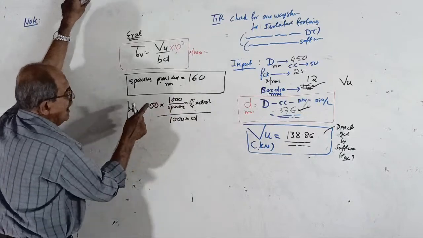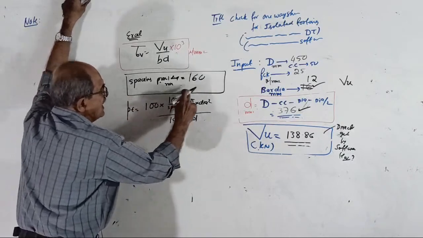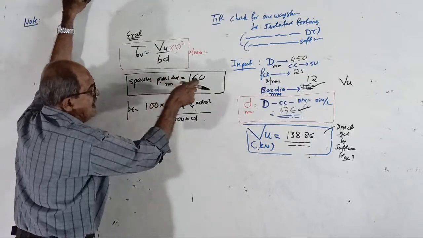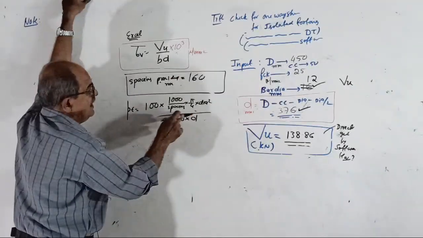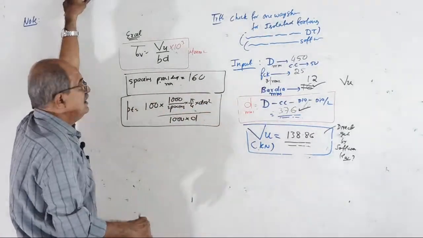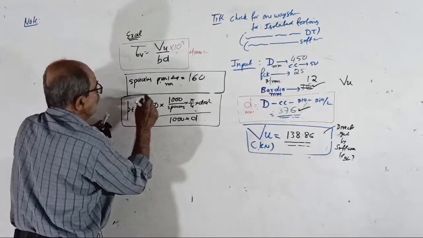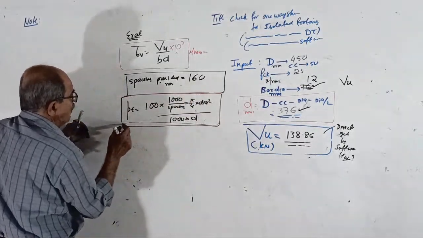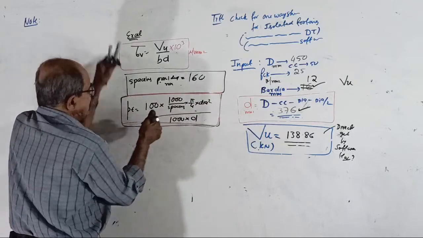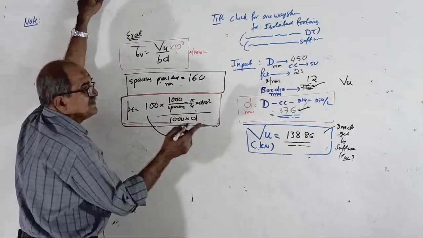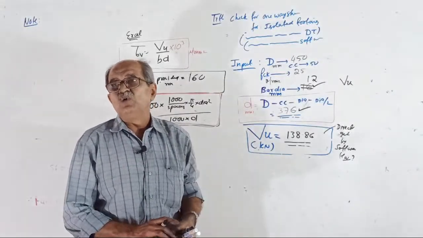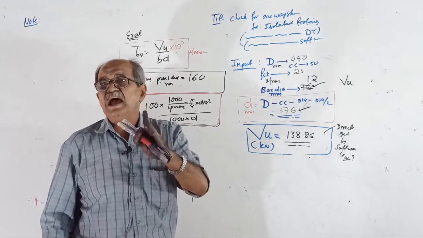Correct now? 100 into AST provided is width B by spacing into area of 1 bar by BD. Single step. Tell the Excel what is the PT value. Red color. Why, tell me? You are not inputting, Excel will calculate. Excel will take this PT as how much? Not our class value, because you are going for 12, so a slight change will come.